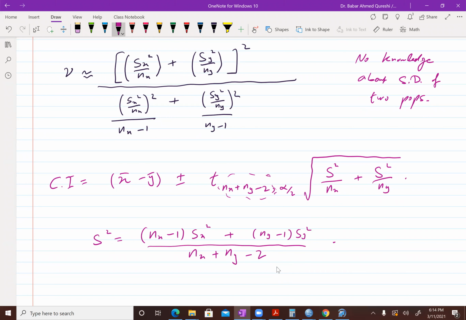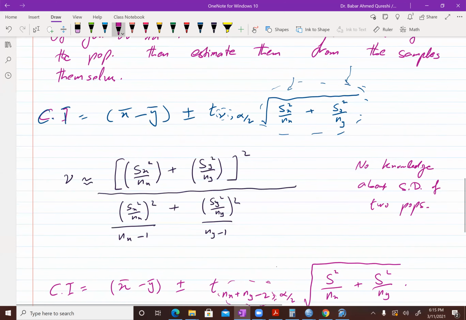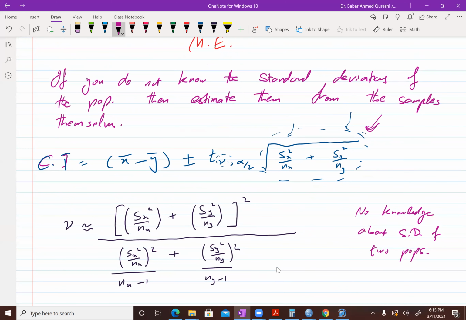This is when you know that the two standard deviations are the same. Even if you use the earlier formula, it will still give you the correct result. It's just that you're not making full use of the statistical information available to you.